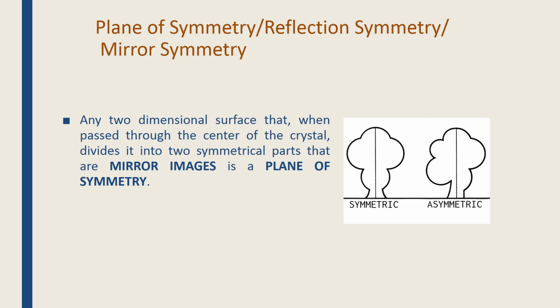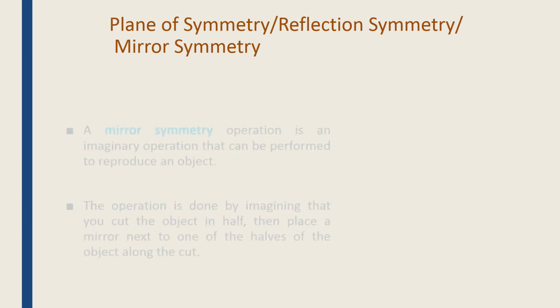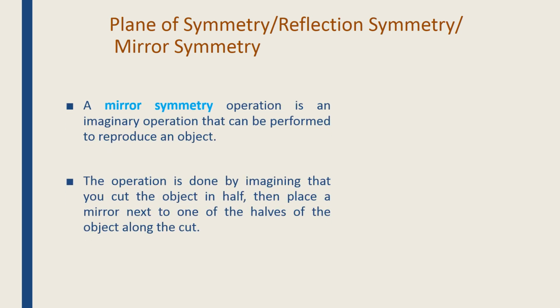But the one on the right side is asymmetric, so we cannot consider this line a symmetry plane. So a mirror symmetry operation is an imaginary operation that can be performed to reproduce the object.